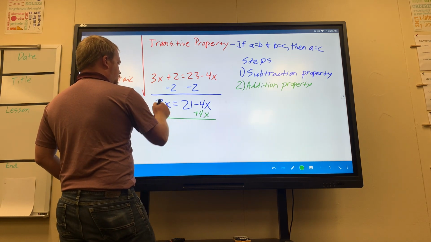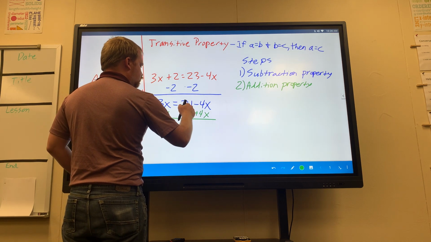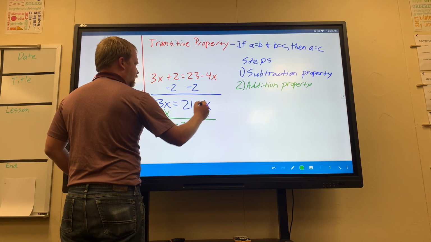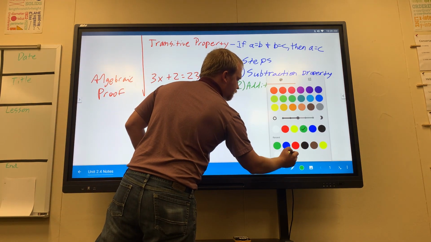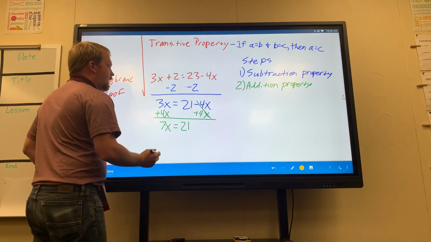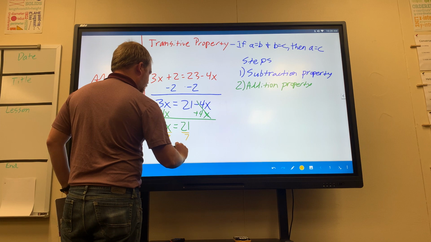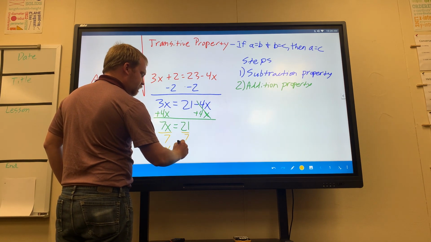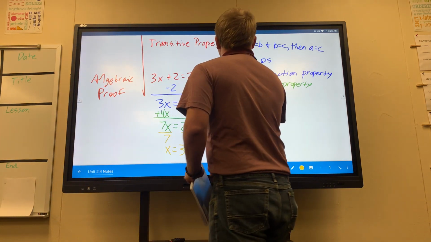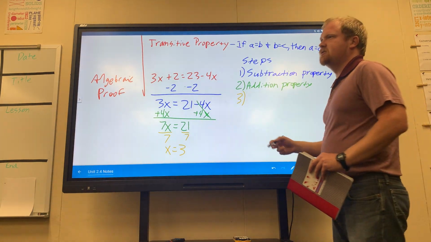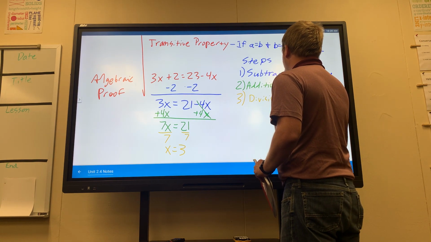So I add them all up. 3x plus 4x is 7x equals 21. And negative 4x plus 4x just cancels out. Now, I'm going to divide by 7 on both sides. So that way I end up getting 21 divided by 7, which is 3. Now, if you think about the operation we just did, it's division. So we're doing division property.